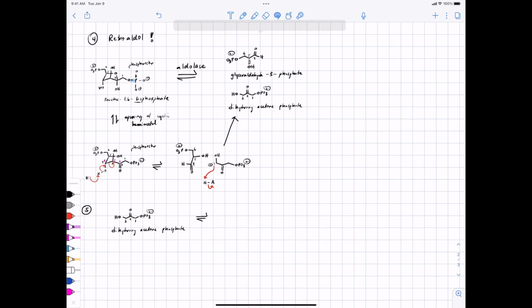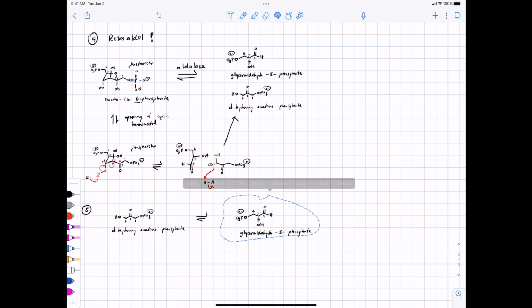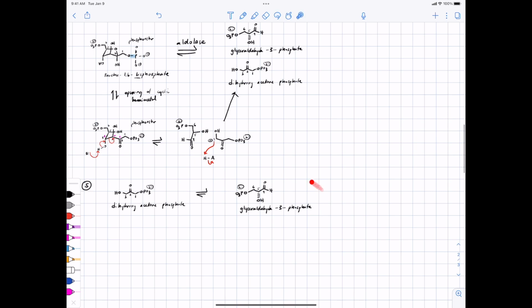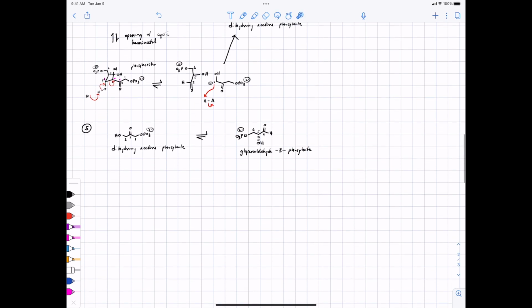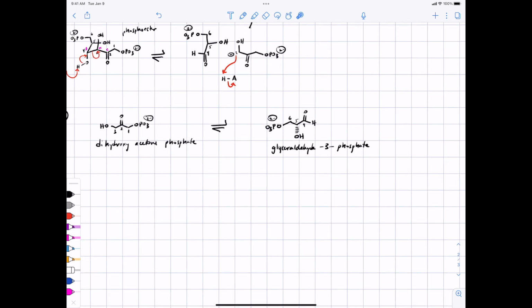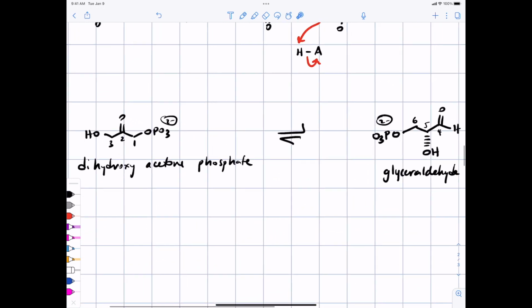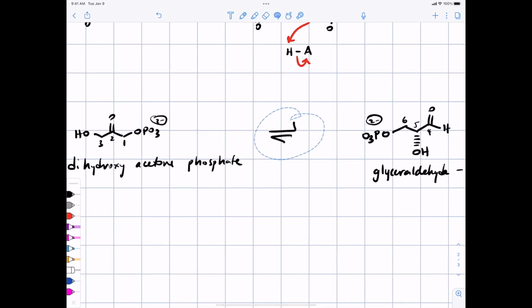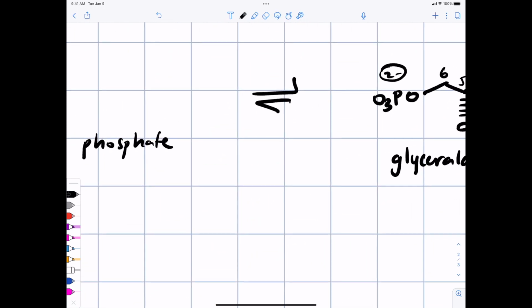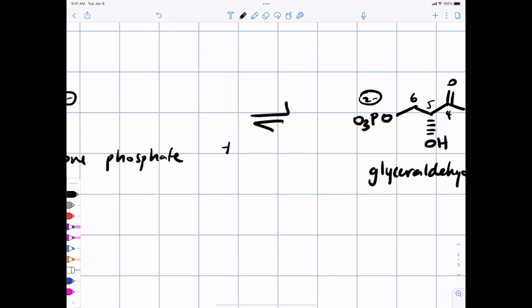That gets all of our material from glucose into one pattern of connectivity. From this point on, everything else we do in glycolysis, we're going to do twice. Again, there's a big efficiency gain there. The enzyme that catalyzes this one is called triose phosphate isomerase.